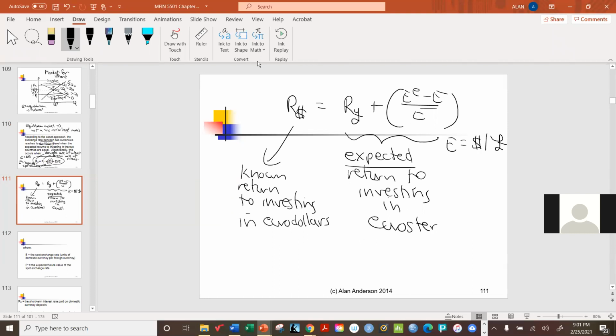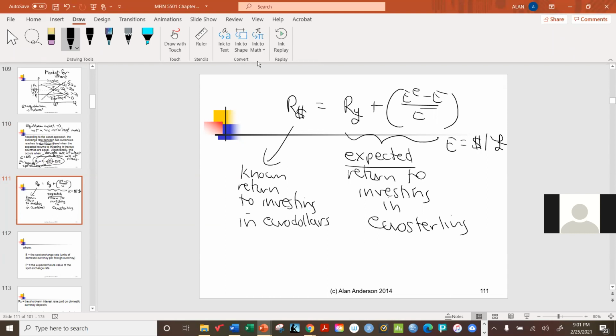Now, as an American investor, notice we're not using a forward contract to lock in the return to the sterling, because if we do, the left-hand side of this equation and the right-hand side will automatically equal each other. And that kind of defeats the whole purpose of switching your funds into euro sterling.